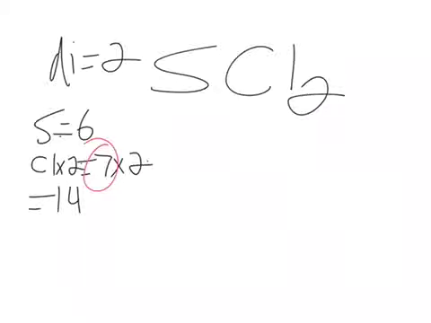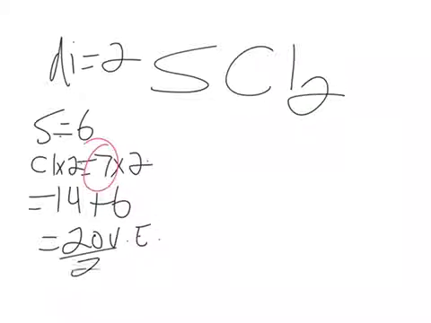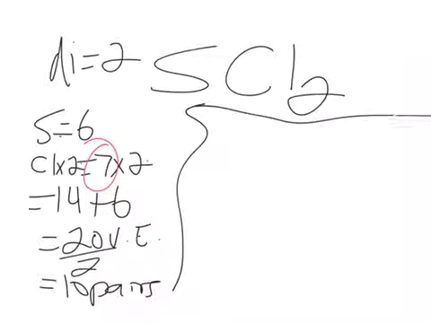So then you do 14 plus 6, right? 14 plus 6, you get the 6 from the sulfur. And this equals 20 valence electrons right there, okay? We're going to divide this by 2, and this equals 10 pairs, right? I'll explain more when we do the problem, so let's just separate this, okay?